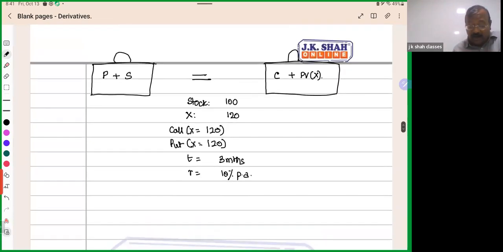अच्छा, how much will you invest today, by the way? PV of X मतलब कितना invest करोगे? What is X? 120. उसका present value at 10% per annum for 3 months.